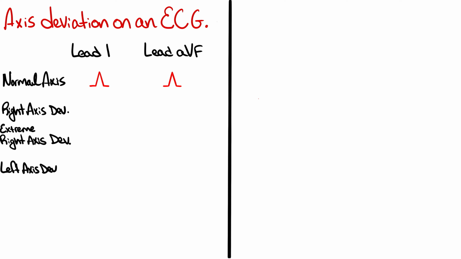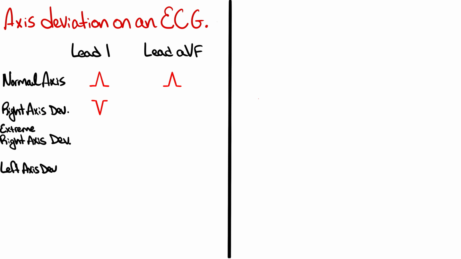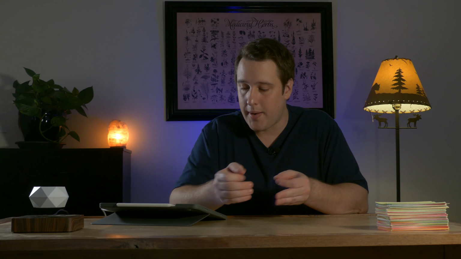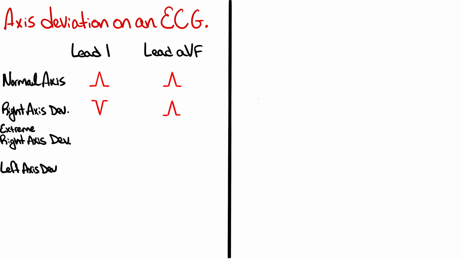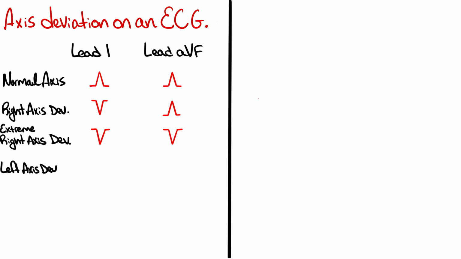With right axis deviation, that is an axis that falls within the bottom left quadrant of our circle, you're going to see a funnel shape representing a negatively deflected QRS complex in lead 1. You're also going to find a pointy hat or a positively deflected QRS complex in lead AVF. Extreme right axis deviation, that is an axis that falls within the top left quadrant of our circle, you're going to find both funnels in lead 1 and AVF, that is a negatively deflected QRS complex in both leads 1 and AVF.